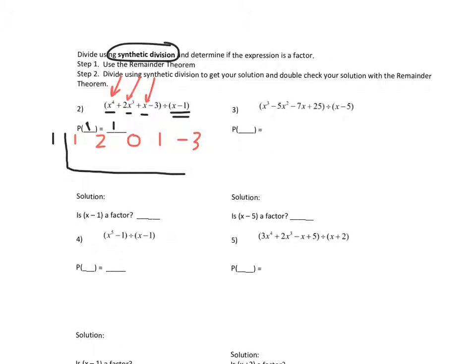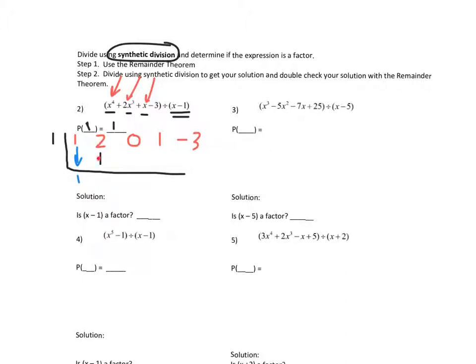Next you want to bring down this number 1 underneath the bar. In synthetic division, you multiply diagonally. So 1 times 1 is 1, and you write it underneath the 2.